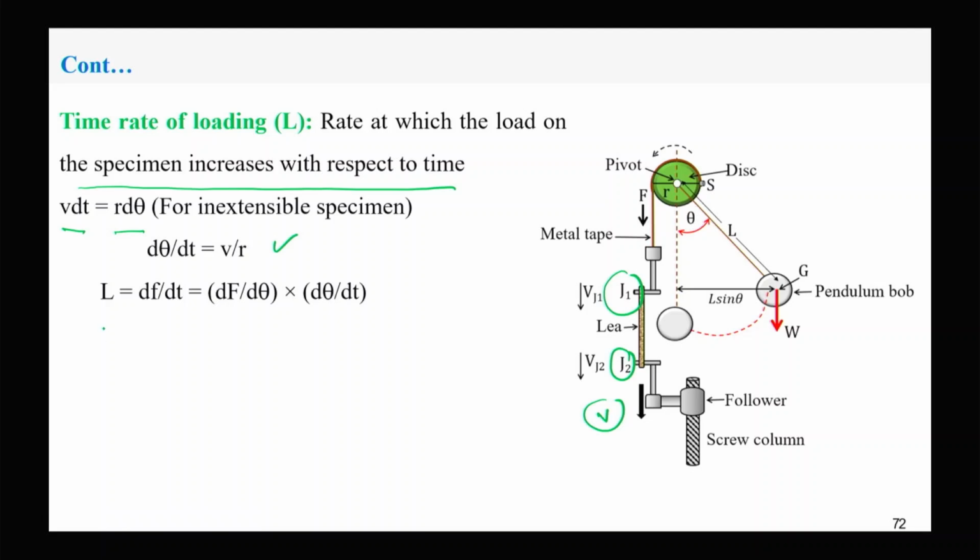The time rate of loading is denoted by the letter L. So L will be dF by dt. We can rearrange this equation and we get the time rate of loading as mgR cos theta by r, multiplied by v by r.